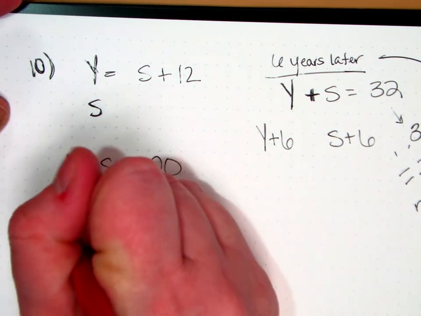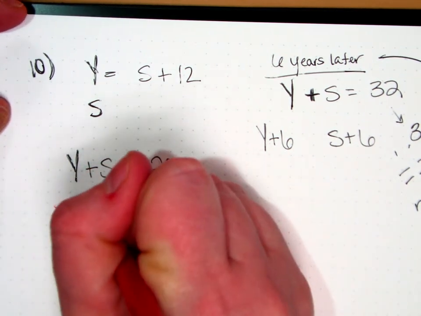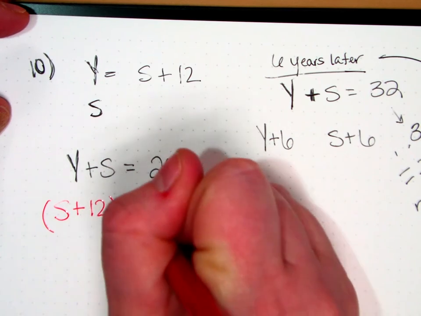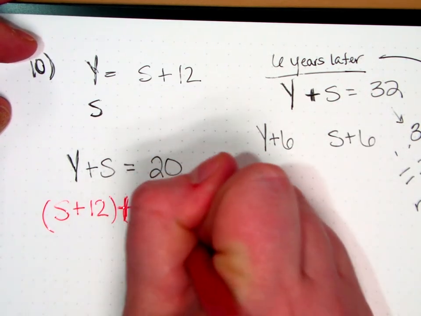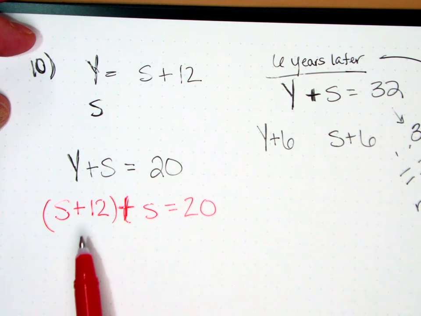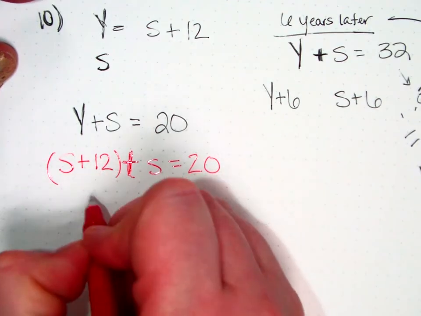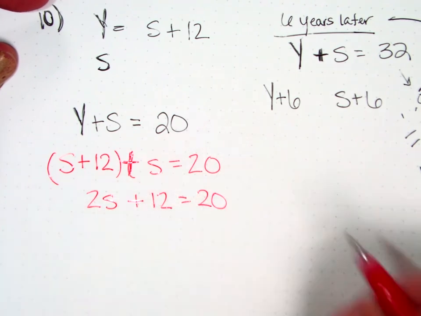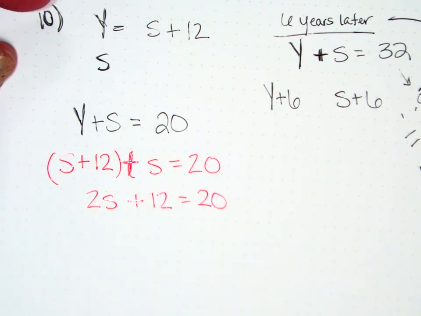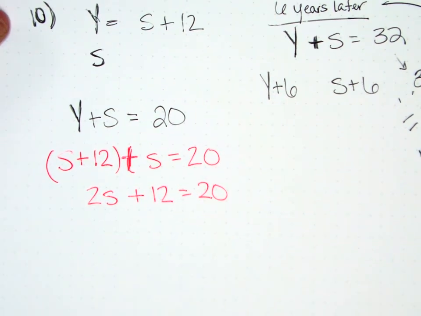Yoshi is 12 years older, so really, this is Yoshi, that's going to be my wonky plus sign, sister equals 20. So, 2s plus 12 equals 20, and you guys have already probably subtracted off 12 and divided by 2, which is fine.